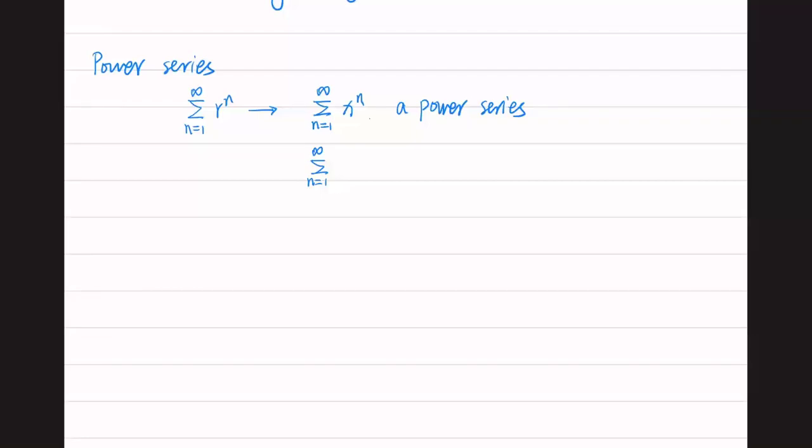For power series, normally we start from n equals 0. A0, A1, the coefficients. Okay, let's check what they are.